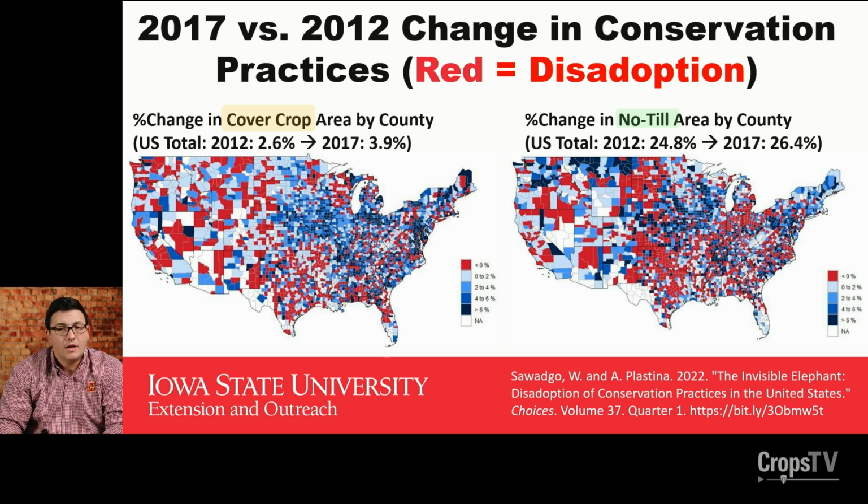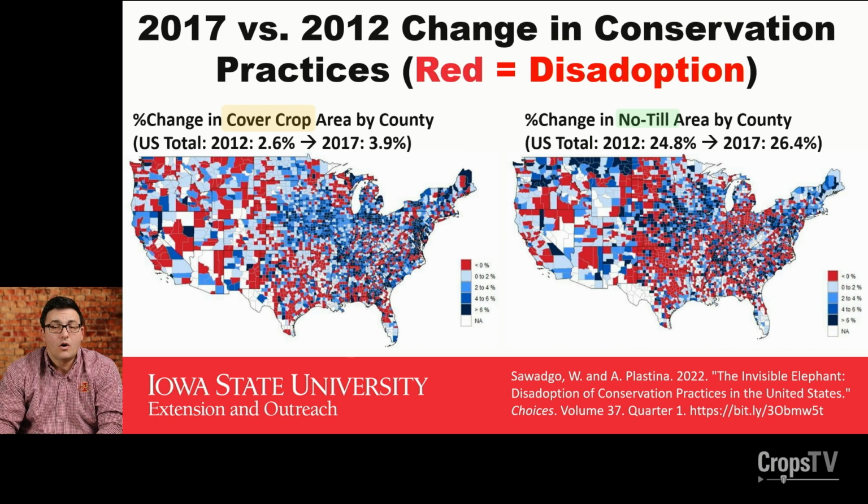But it would be wrong to assume that increase in adoption has been constant or homogeneous across the country. These two maps show different colors highlighting the rate of adoption or disadoption between the two censuses of agriculture, 2012 and 2017.